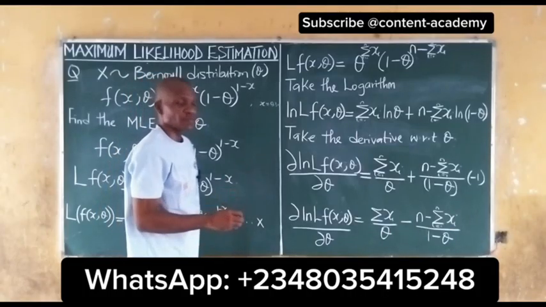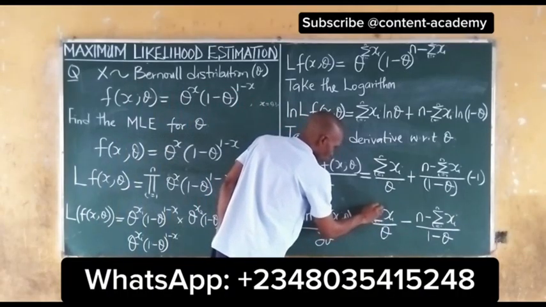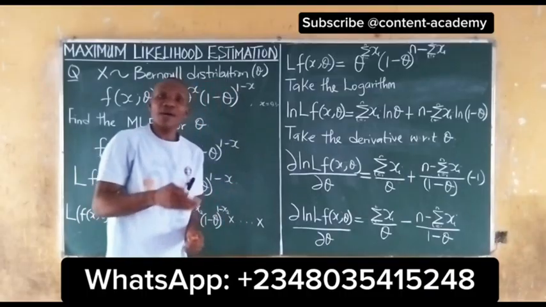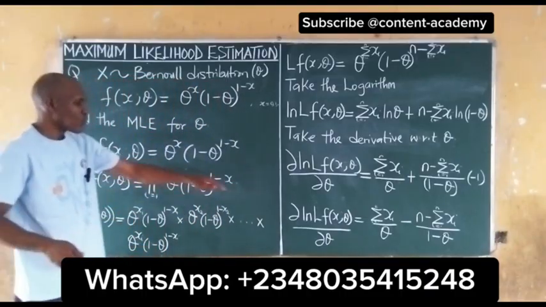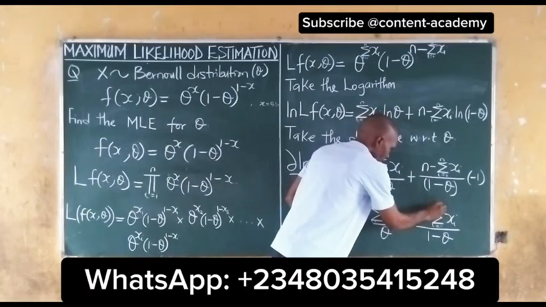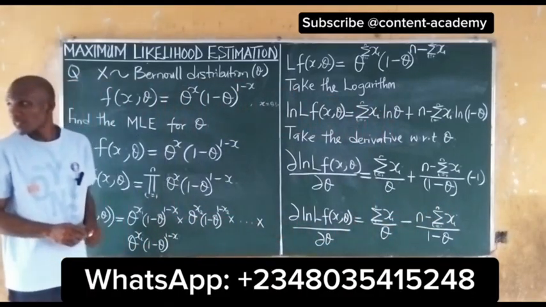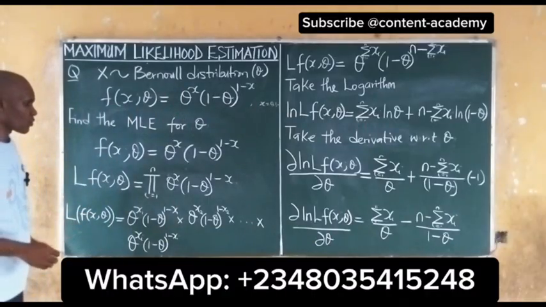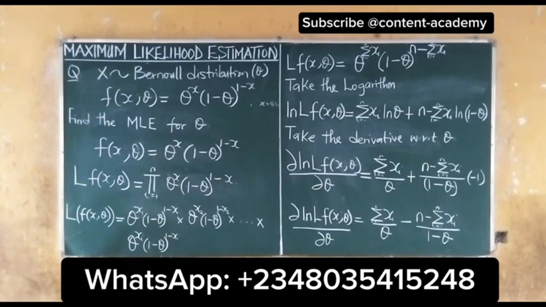So the next thing to do is to equate this to 0. Once we equate it to 0, we can now get our maximum likelihood estimate for theta. So we equate the whole of this to 0 as one of the rules for finding the maximum likelihood of any distribution. So for me to do that, we move over to this side of the board.